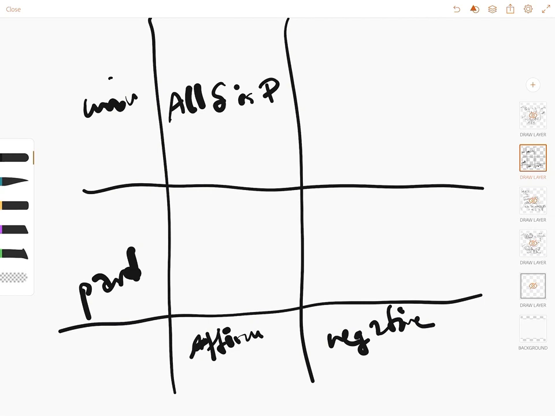Notice this has exactly the same form as all cows are mammals, or all C is M, except we're just using S and P to stand in for categories. And actually we do this a lot when we're looking only at the formal structure of something. We're just going to use variables to indicate placeholders basically for a subject term and a predicate term. So this gives us a universal affirmative.